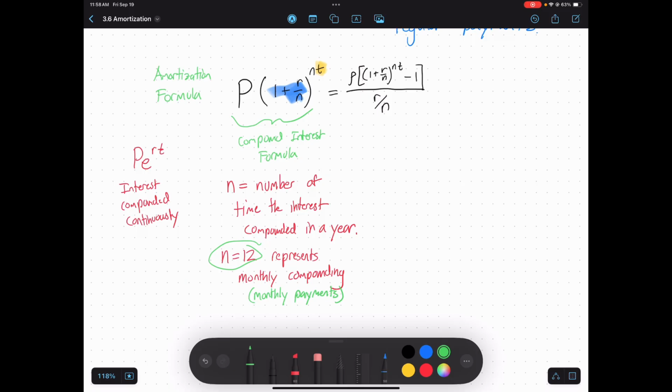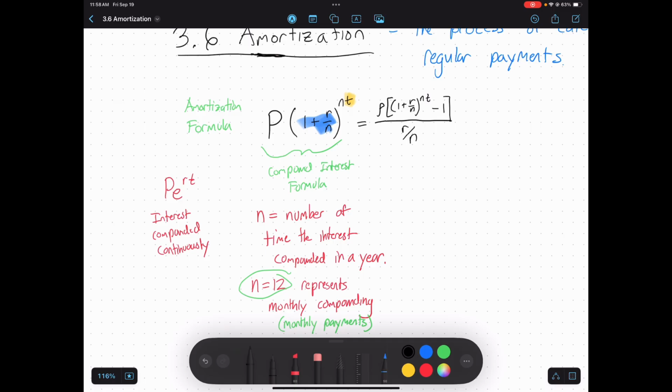But there's still lots more variables to talk about. So what is P? If this is my compound interest formula, then P represents the initial loan amount. That's what I initially borrow, and then I'm earning interest on that loan. What is R? R, of course, is just the interest rate. T, of course, is time, but with loans, you commonly take out a loan for a specific amount of time.